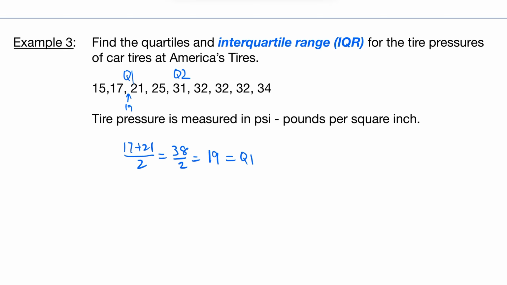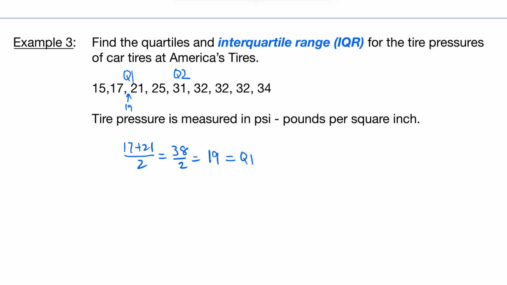Okay, and then we're going to do the same thing for the third quartile. The third quartile uses the numbers above quartile 2, so that would be 32, 32, 32, 34. There are 4 terms, and so we find the middle term, which is in between here. We don't really need to add these together because the average of 32 and 32 is 32.